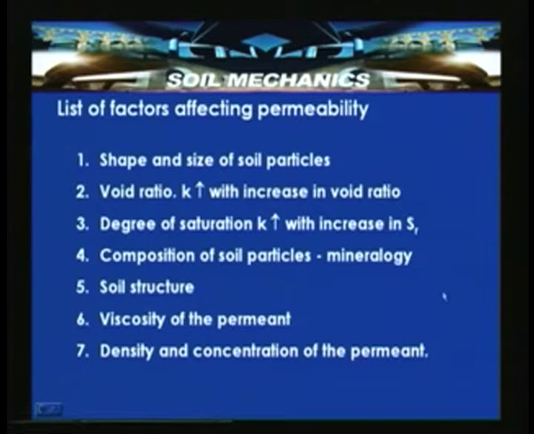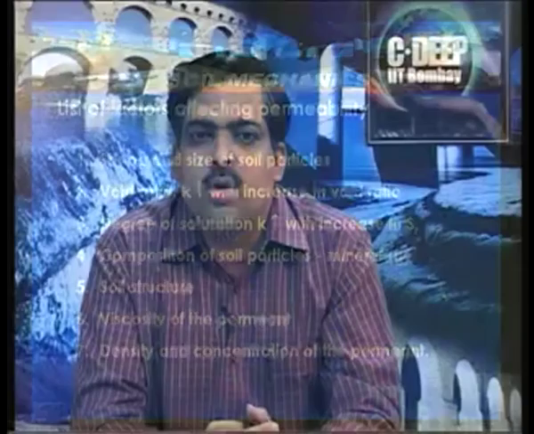Composition of soil particles, the mineralogy also plays a great role in influencing the coefficient of permeability for fine grained soils. Soil structure, that is whether it has flocculent structure or dispersed structure, we have also discussed. Then viscosity of the permeant, density and concentration of the permeants are the other factors affecting the coefficient of permeability.